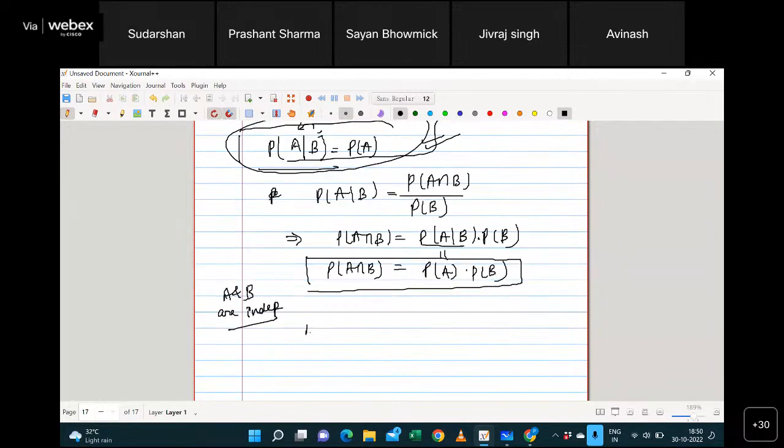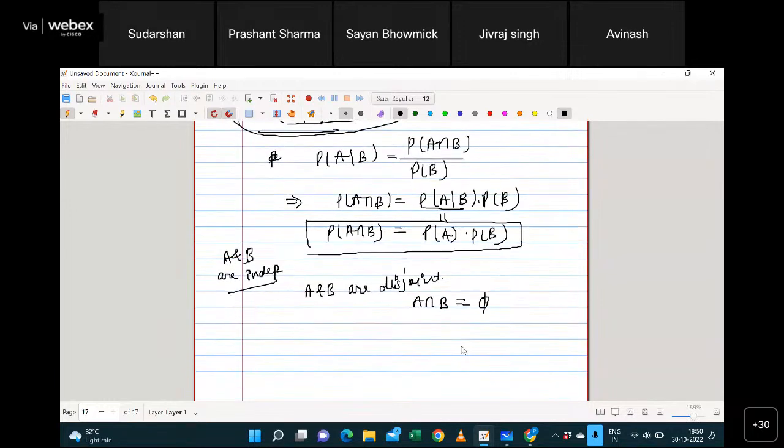And when A and B are disjoint, that means there is nothing common between A and B. So what's the probability of A intersection B? It will be probability of phi, that means 0, the null probability event.